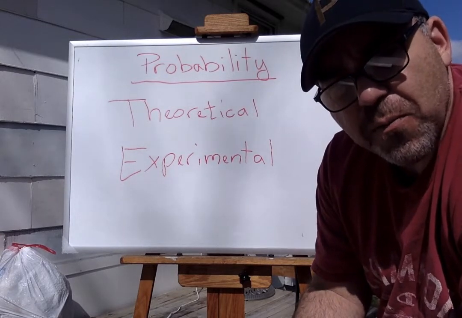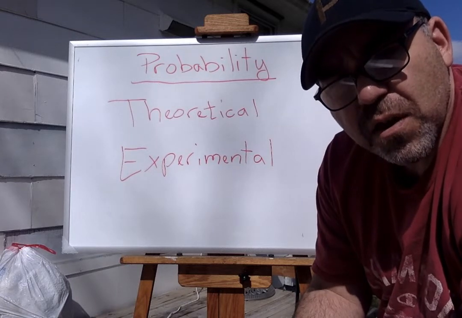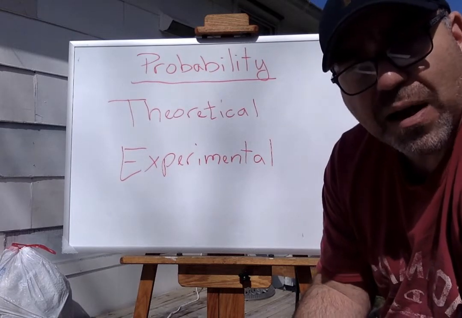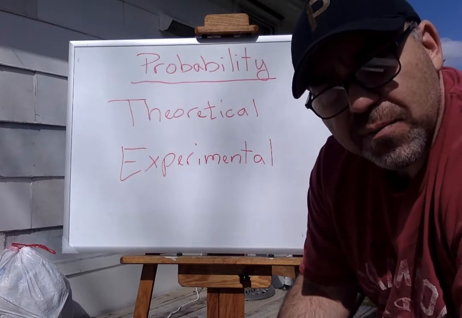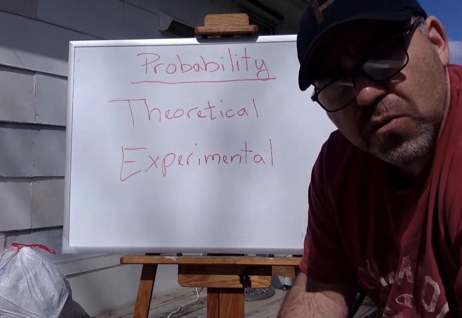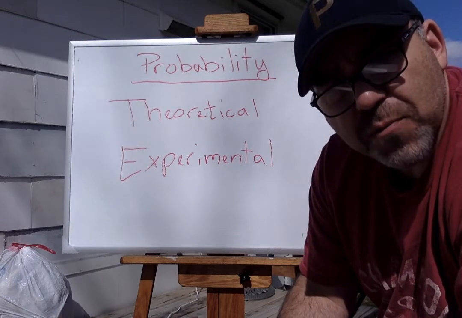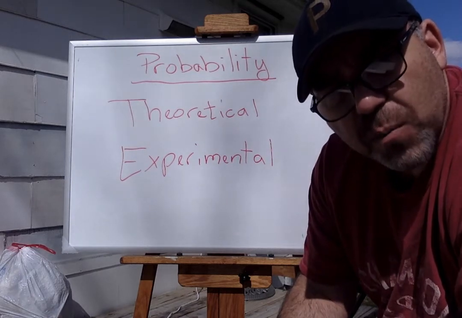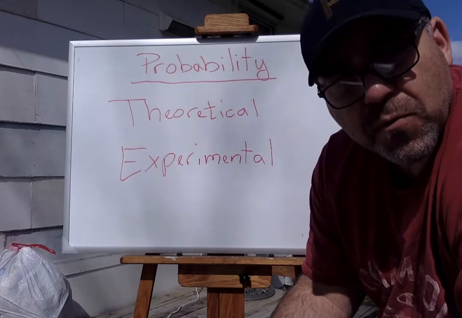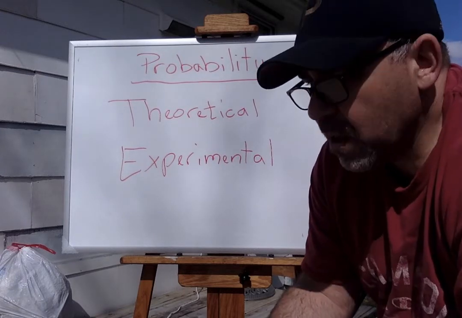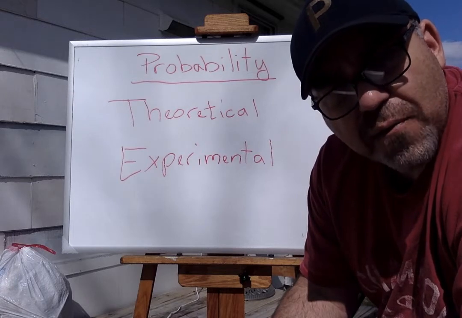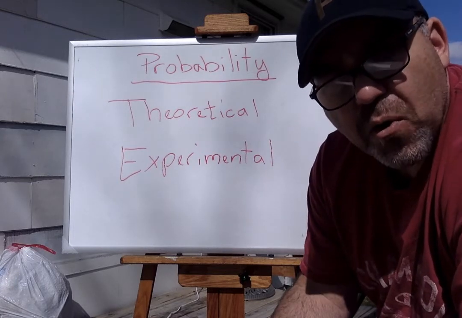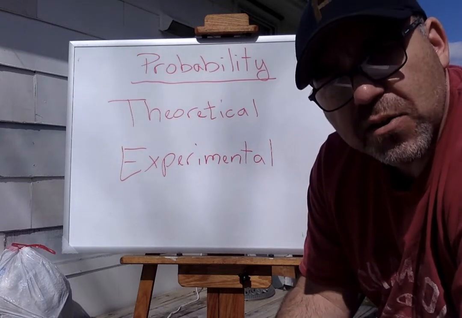Every time you roll a die, theoretically, the probability of one of the numbers coming up is 1 out of 6 possible times. So if you rolled a die 6 times, you would get all 6 numbers, theoretically. But of course, that's not really going to happen, right? You roll the die a little bit different every time. It depends on how you're holding the die, if you're holding it perfectly the same. But overall, that's what theoretically should happen.